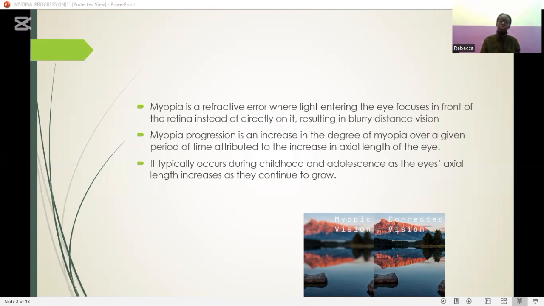Because it's an increase in the axial length, when the eye grows, the axial length is constantly increasing. Up to 13 years of age, for most children, their eyes are already fully grown and the axial length is finished growing and the growth factors are now withdrawn. So it's rare for us to have an increase in the axial length.